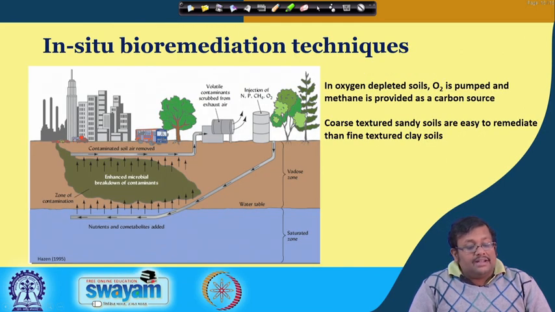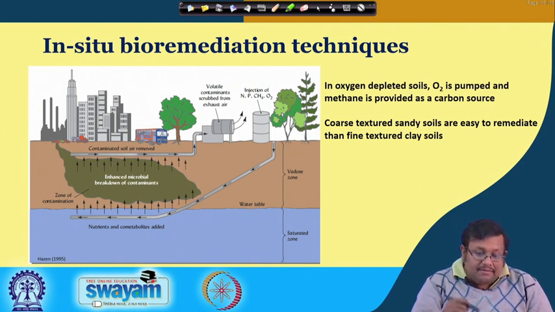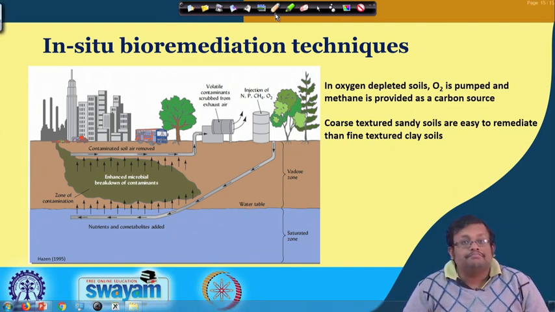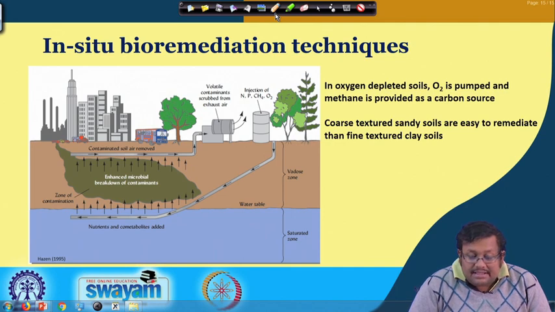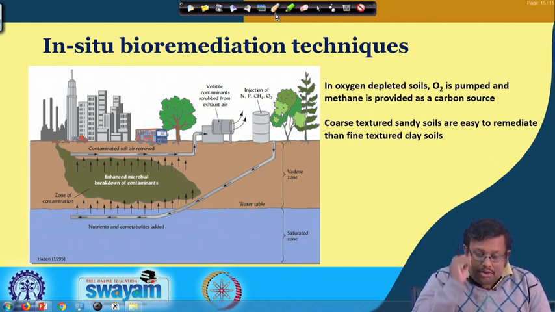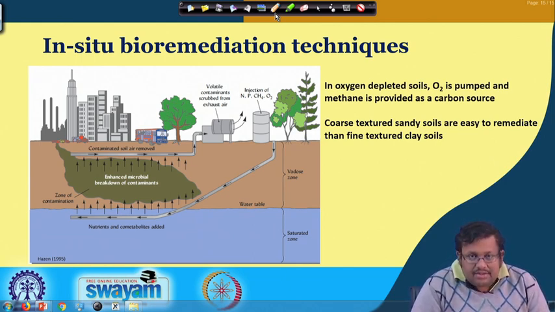So let us go ahead and see what is the in situ bioremediation technique, and a snapshot of it can be found in this slide. You can see in oxygen depleted soil, oxygen is pumped and methane is provided as a carbon source. We are introducing the oxygen from outside, as well as methane as a carbon source.